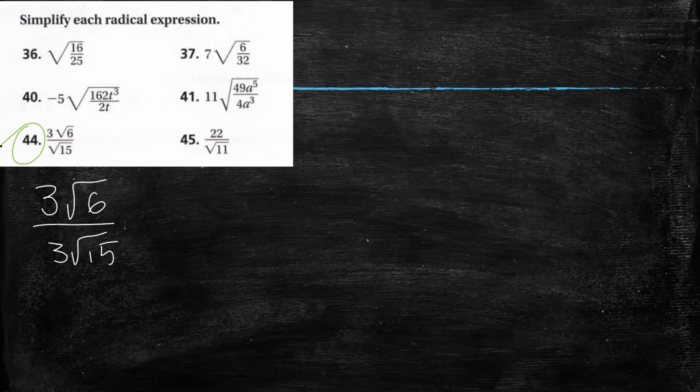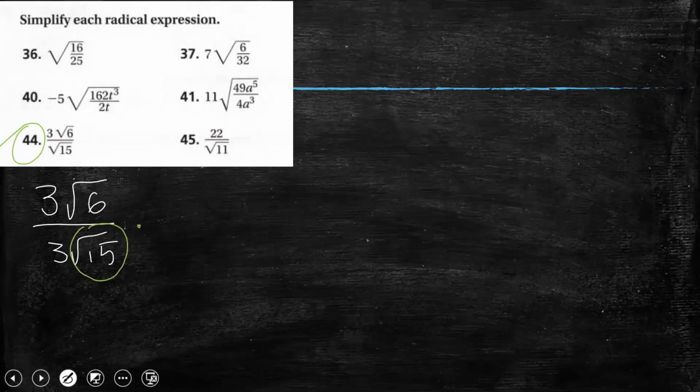Is it a prime number? No. Is it a composite number, a product of two prime numbers? Yes. 15 is 5 times 3, and 5 and 3 are prime numbers. So now what is the number in the denominator here?